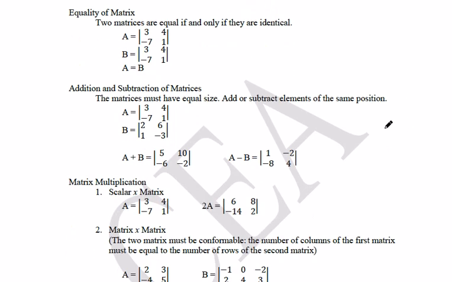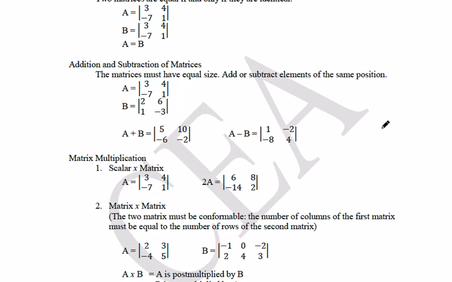Then we have the addition and subtraction of matrices. Matrices must have equal size in order to be added or subtracted. We add or subtract elements of the same position. For example, if this is our matrix A and this is our matrix B, if we are to add matrix A and matrix B, we add elements of the same position.